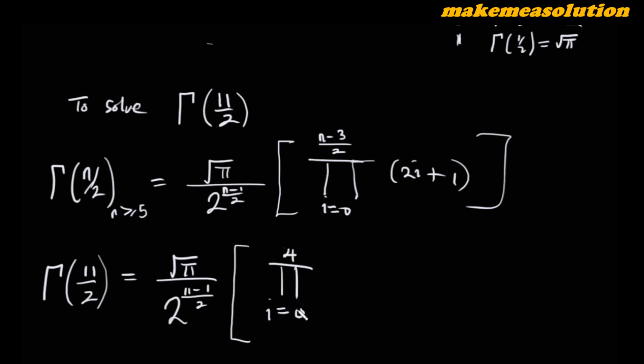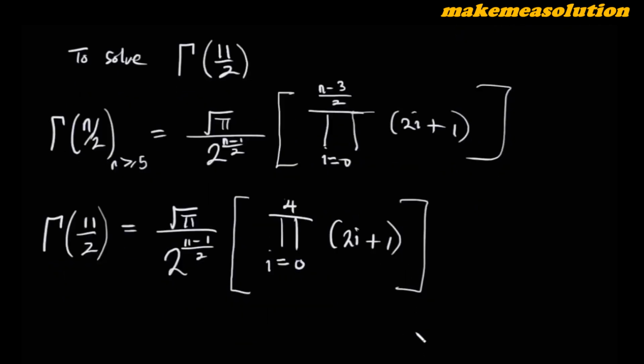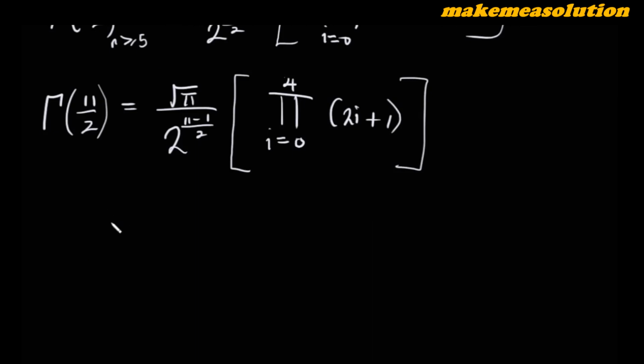So i equal to 0 to 4, and you have 2i plus 1. So let's see what this gives me. I have root pi all over 11 minus 1 is 10, divided by 2 is 5, so 2 raised to the power of 5.